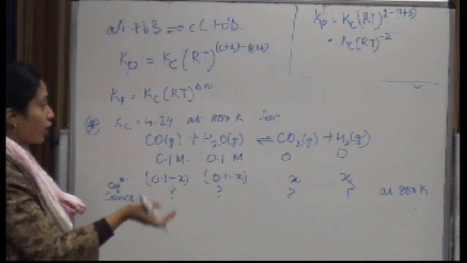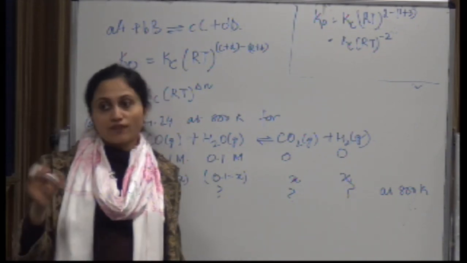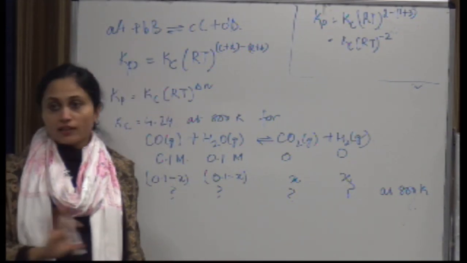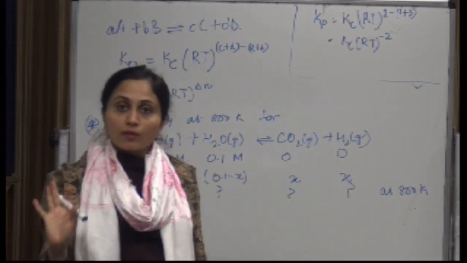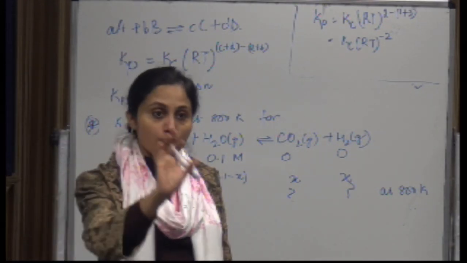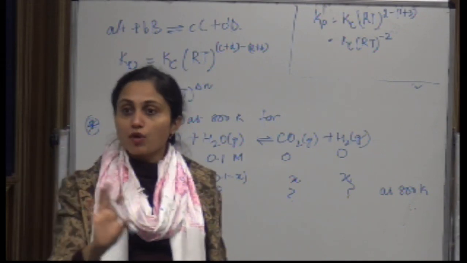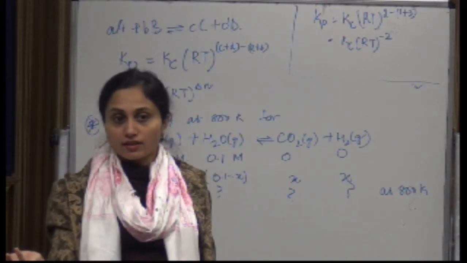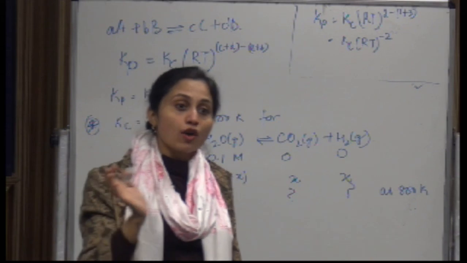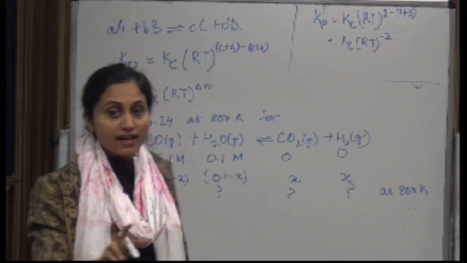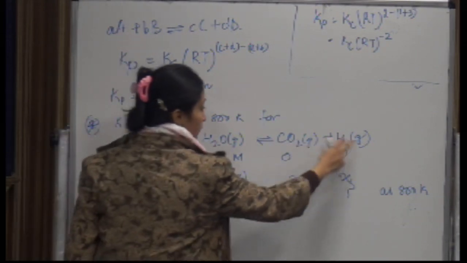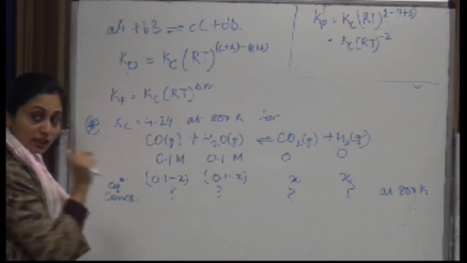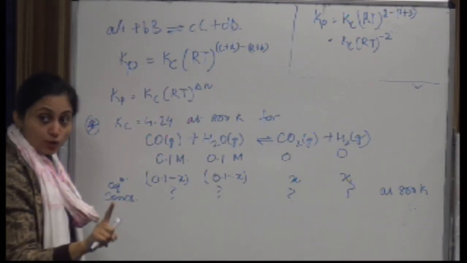If you are given the concentrations, nothing at all. You just have to write down the expression for Kc. All of you know how to write the expression of Kc correctly. Once you write it down, all you have to do is substitute the values of the concentrations and get the answer. Now if you are given the value of Kc, remember that it involves the concentrations only at equilibrium and at no other point.